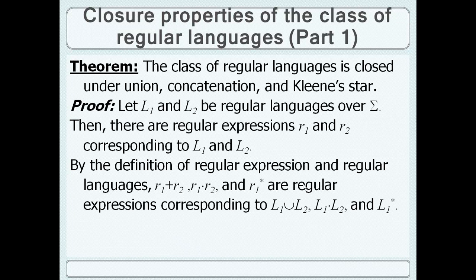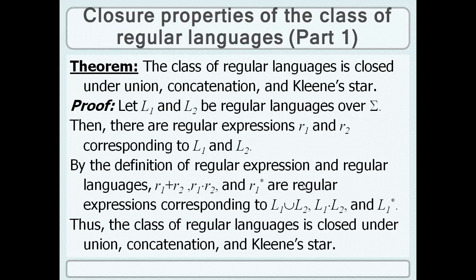Then there are regular expressions R1 and R2 corresponding to L1 and L2. By the definition of regular expressions and regular languages, R1 plus R2, R1 concatenated to R2 and R1 star are regular expressions corresponding to L1 union L2, L1 concatenated to L2 and L1 star. Hence the class of regular languages is closed under union, concatenation and Kleene closure.